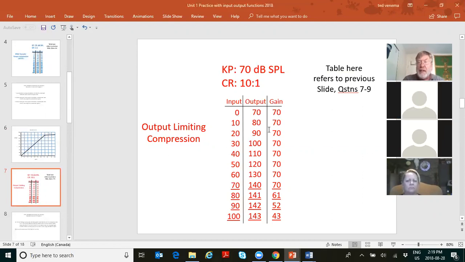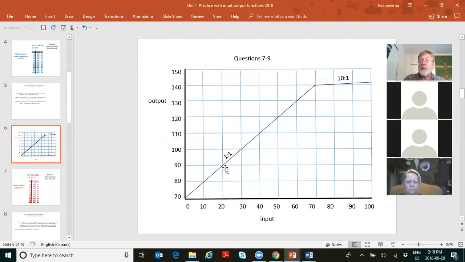So you're looking at linear gain, all linear gain, 1-to-1. As my inputs go up by 10, my outputs go up by 10, and you're showing that here. The line is a 45-degree angle. It's tit for tat. And that occurs for all these inputs all the way up to 70.